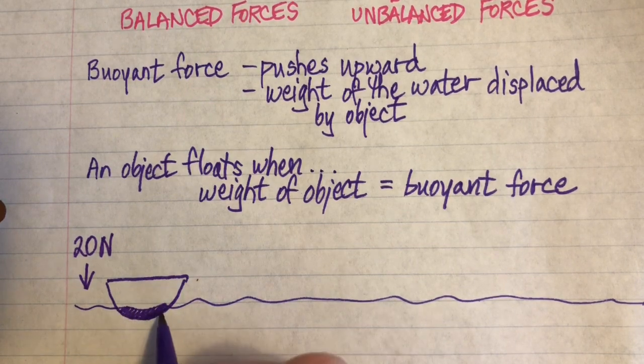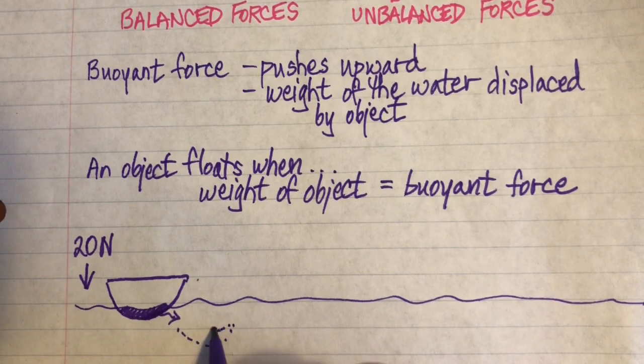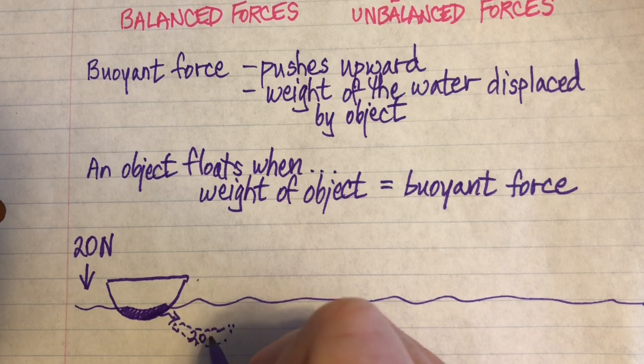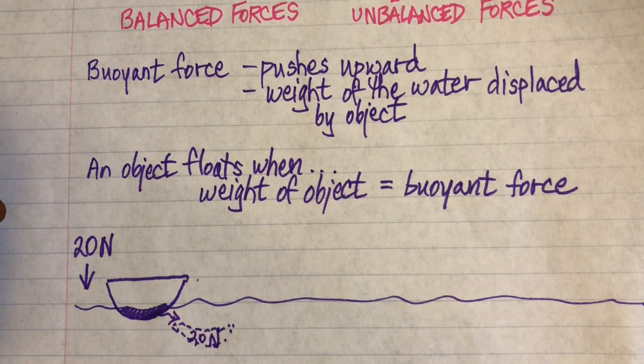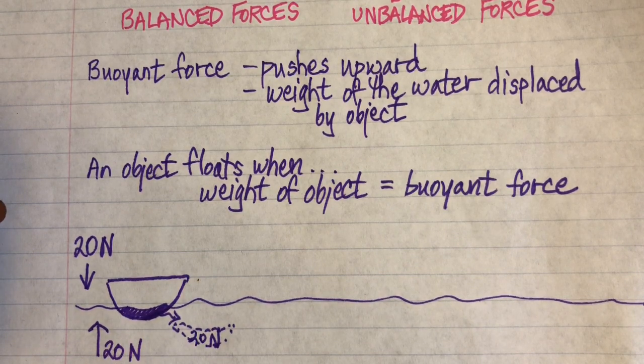Now, the boat is displacing this shape of the water. So this is pushed away. The weight of this displaced water, say I weighed it, it was 20 newtons. So the weight of displaced water equals the buoyant force pushing up, 20 newtons. So since the forces are balanced, it's floating, and this looks like the ping pong ball.